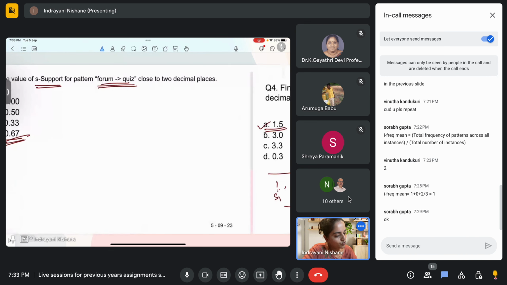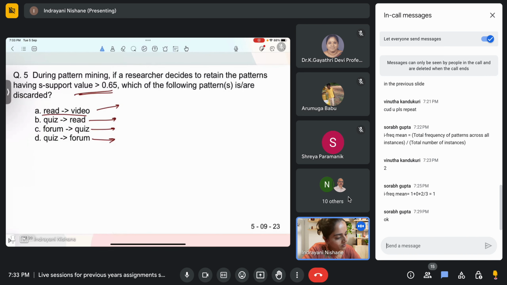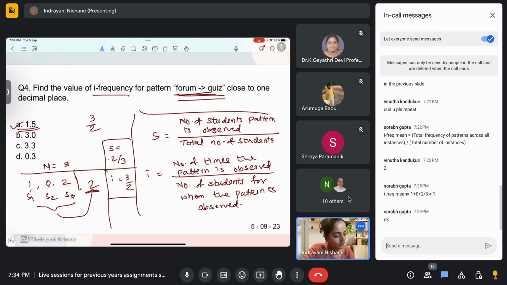So let us write here 1, 1 and 2. That means it was observed for how many students? All 3 had this pattern, S1, S2 and S3. So 3 students.